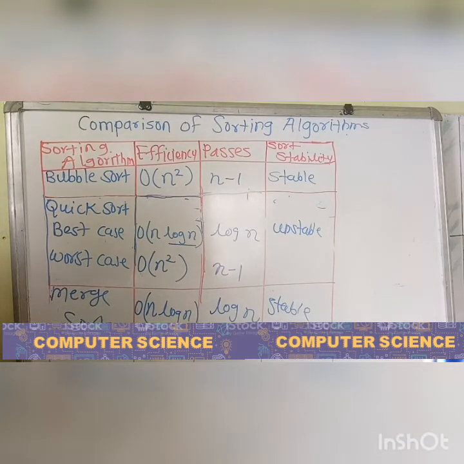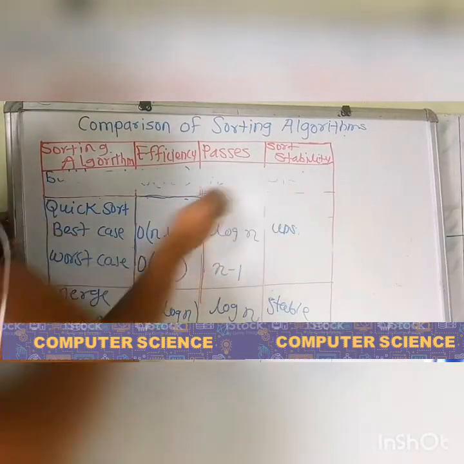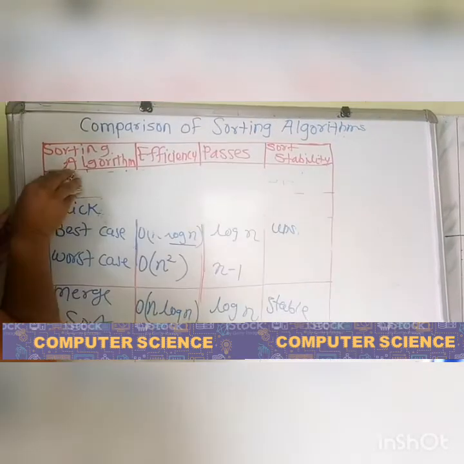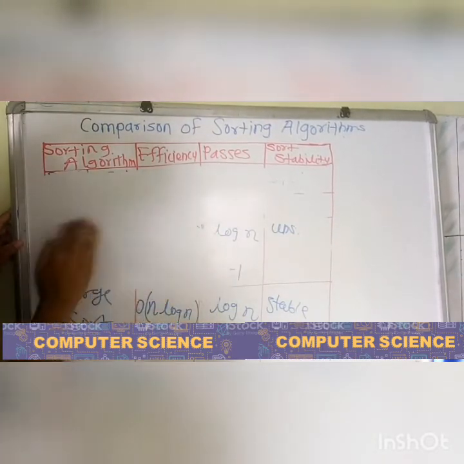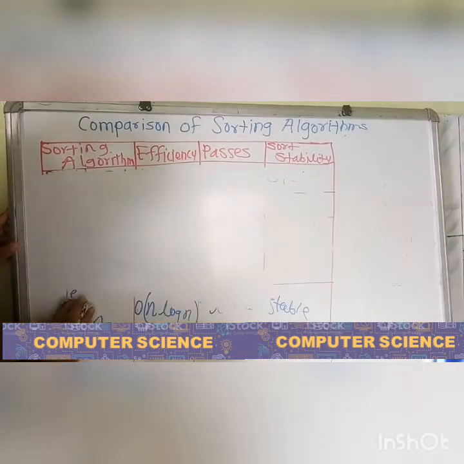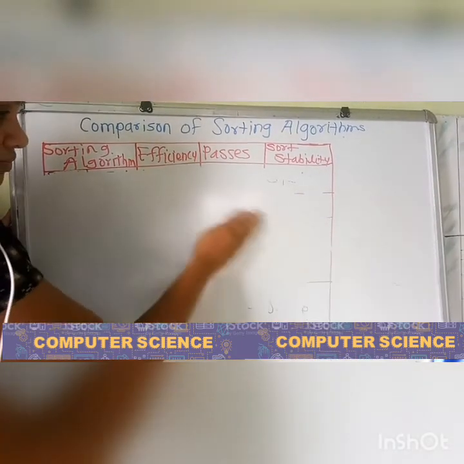Now we will compare the sorting algorithms again in terms of best case, worst case, and average cases. Means for how many data elements it will react, we will compare it through some mechanisms.